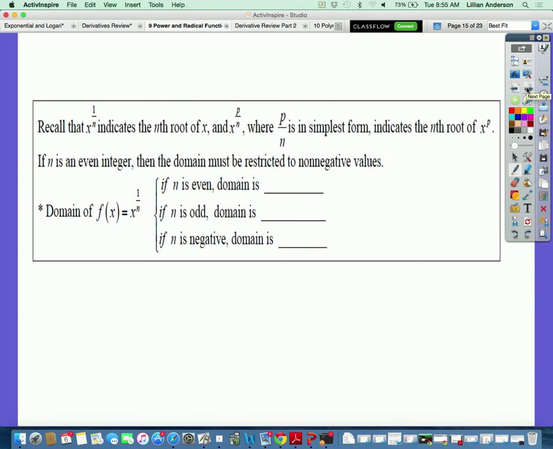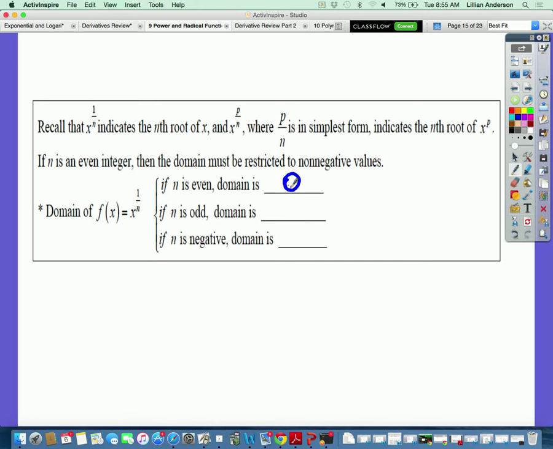If you go and look at your notes here, we can now fill this in. We call that x raised to 1 over n indicates the nth root of x, and p over n, where p over n is in the simplest form, indicates the nth root of x to the p. If n is even, the domain must be restricted to non-negative values.